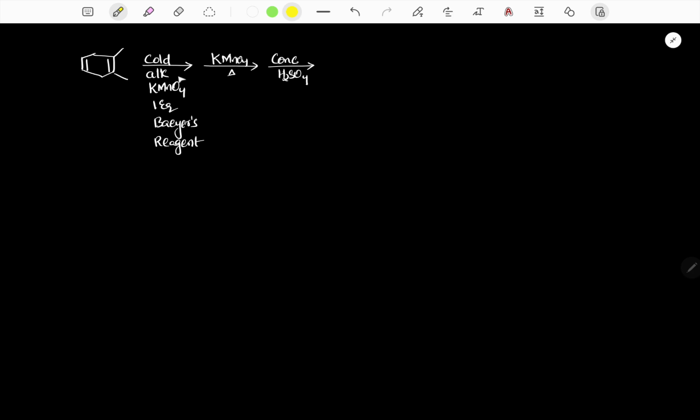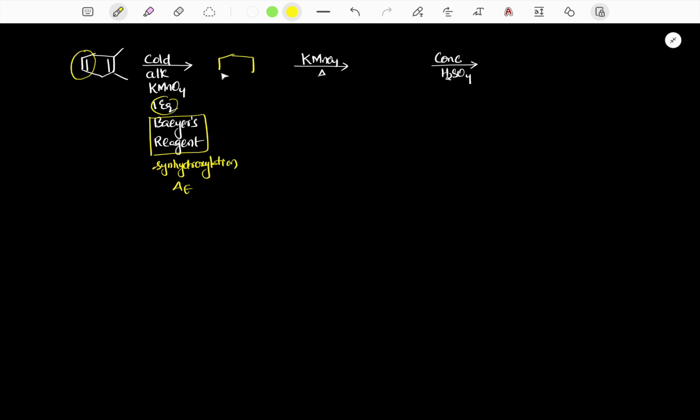Alkene treated with cold alkaline KMnO4, one equivalent only. This is also known as Baeyer's reagent. So this is a syn hydroxylation, of course electrophilic addition. Syn hydroxylation always prefers the less sterically hindered alkene.